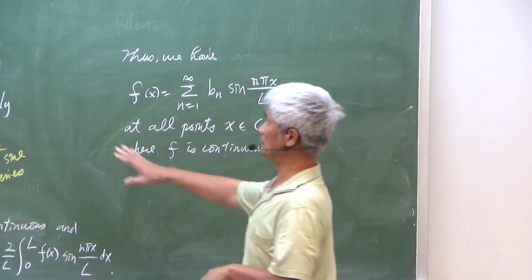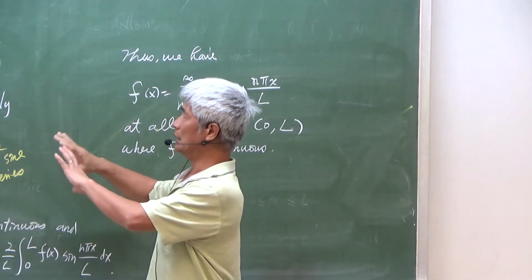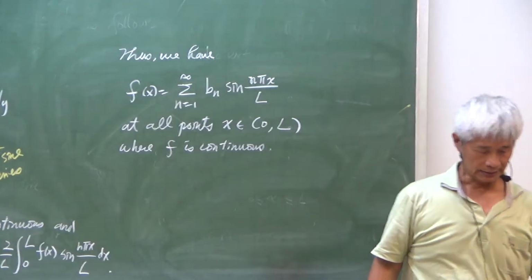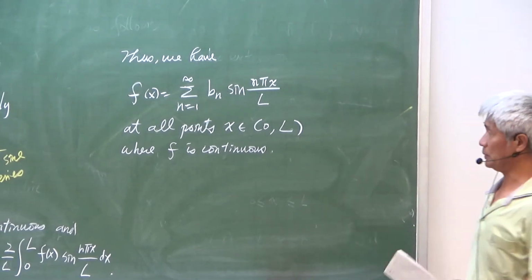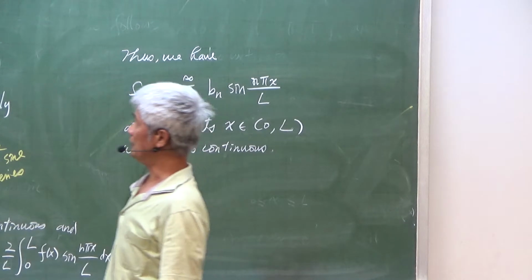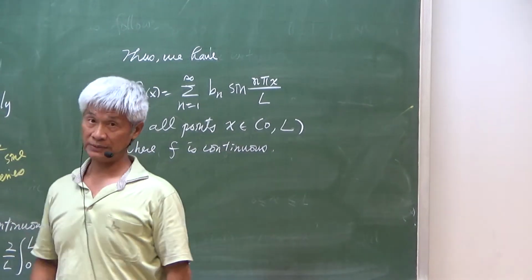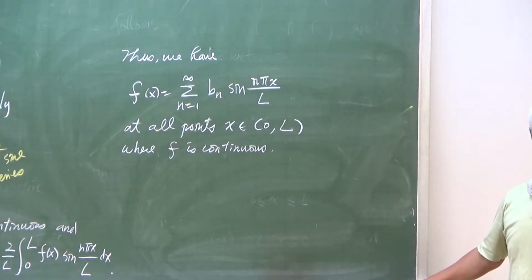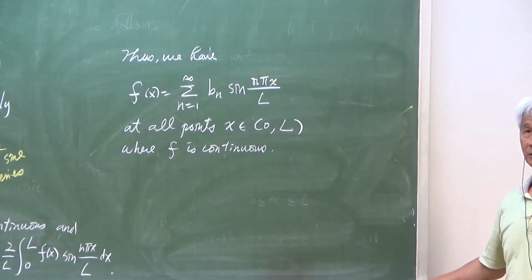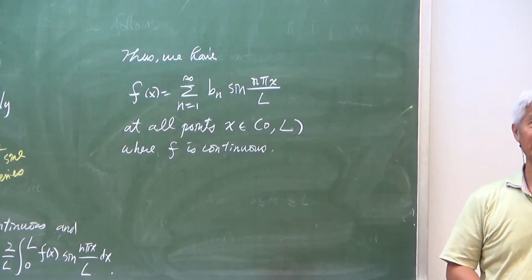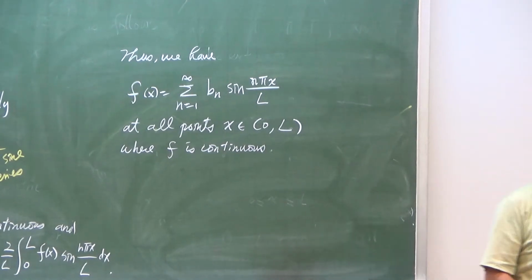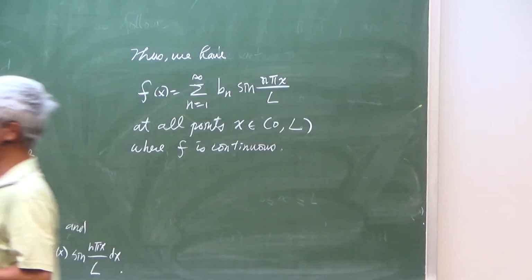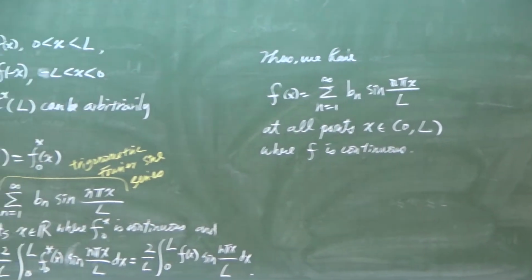Okay, so later on when we apply this technique to solve partial differential equations, we basically will use a half-range expansion, because these two expansions are simpler than the original one. So do you have any questions?